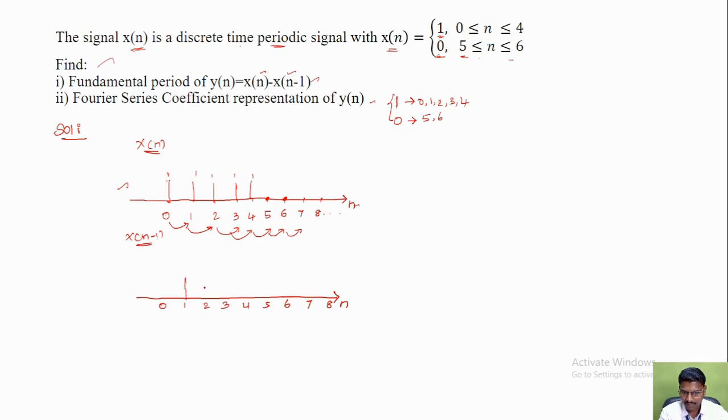At 1 I will have amplitude 1, and for 2, 3, 4 and 5 I will have 1. Then at 6 I will have 0, and at the 7th sample I will have 0. Next, from the 8th sample onwards, because this is a periodic signal, the same set of values will repeat. So this is my x of n minus 1 signal with 1 unit shift, 1 unit delay.